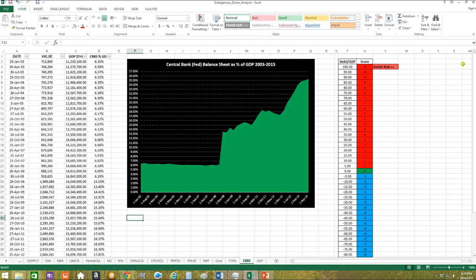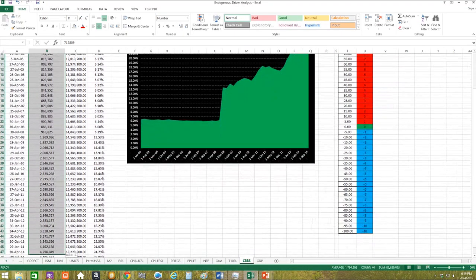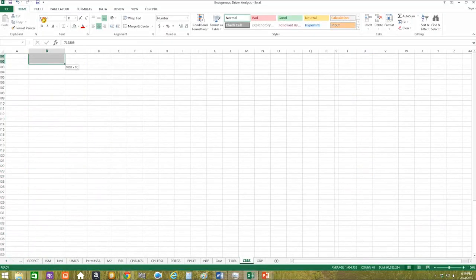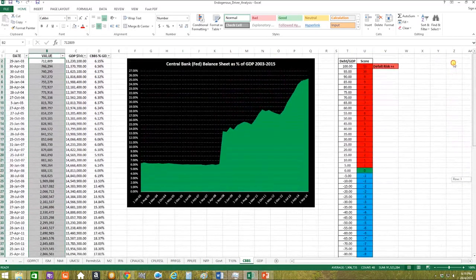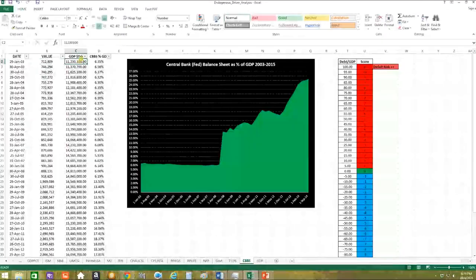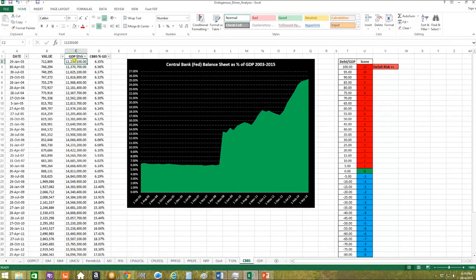And the data that we download is the value of the balance sheet here, all the way up to present day. And this number is quarterly, so released quarterly. And then we have our GDP data in trillions of dollars here, and we just work this out as a percentage of GDP.